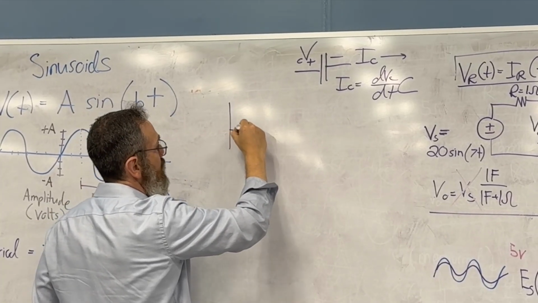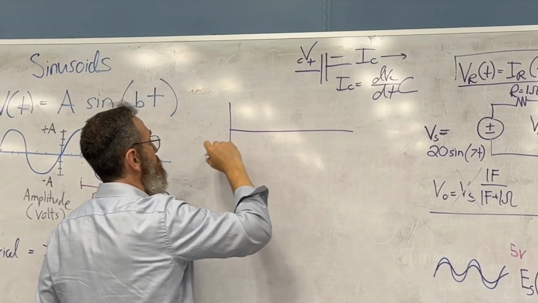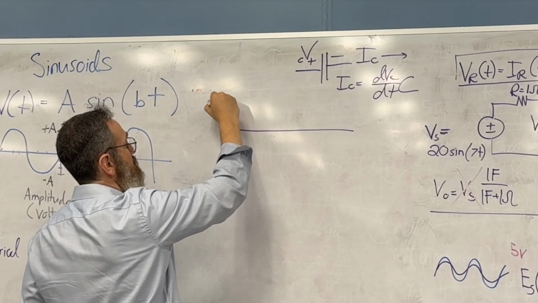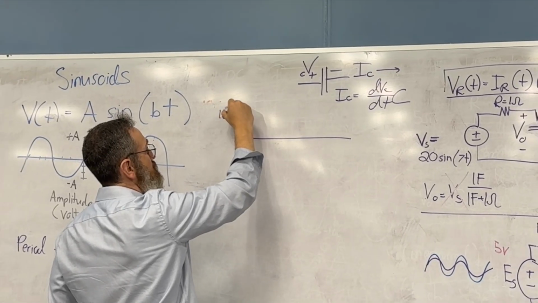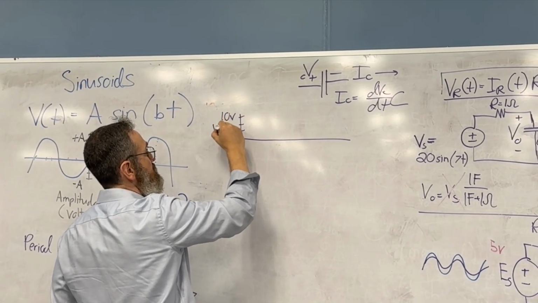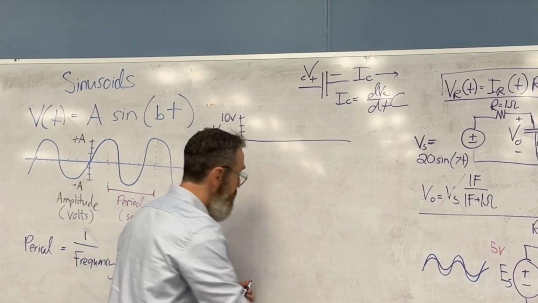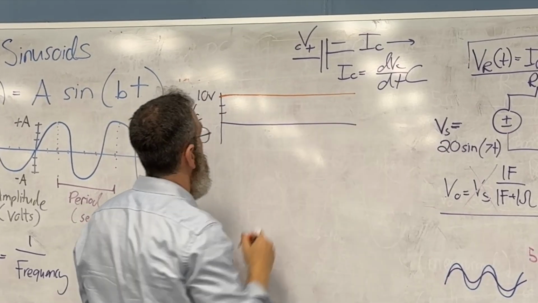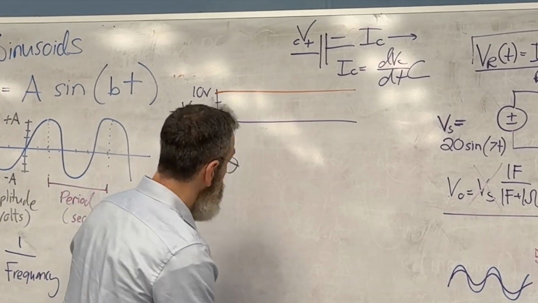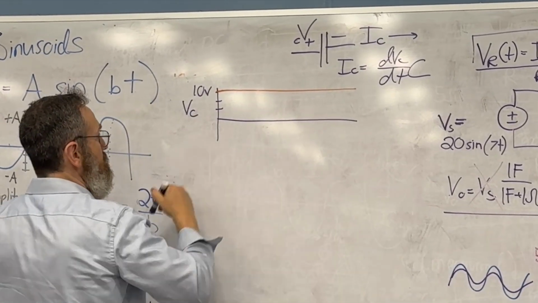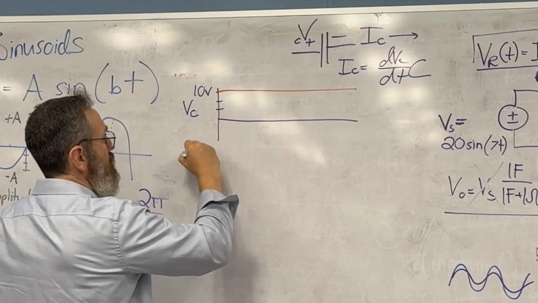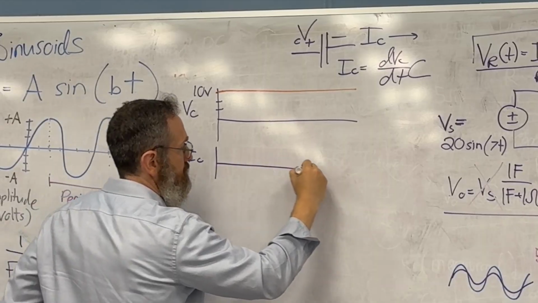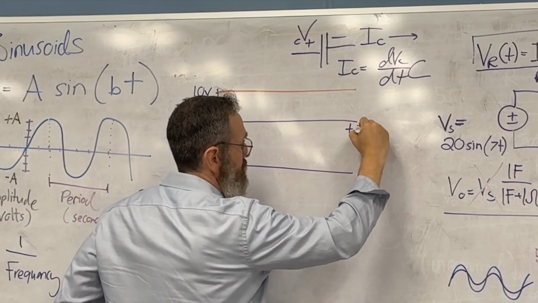I'm going to apply a fixed voltage, I'm just going to make it 10 volts. So this right here is V sub C, and I'm applying 10 volts. And of course, as I asked you before, we can ask what's the current? And now we're thinking about time.